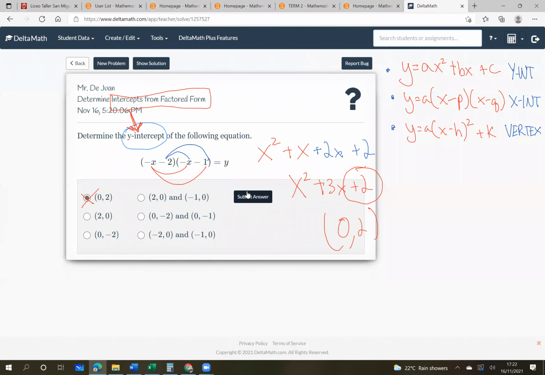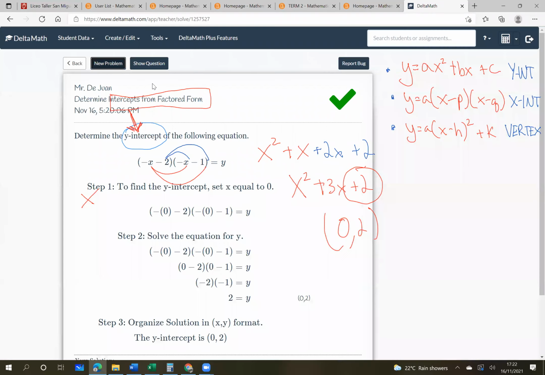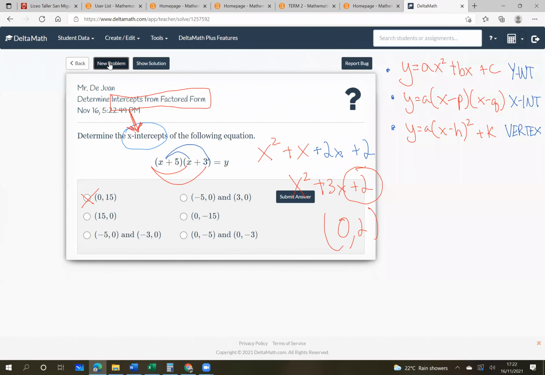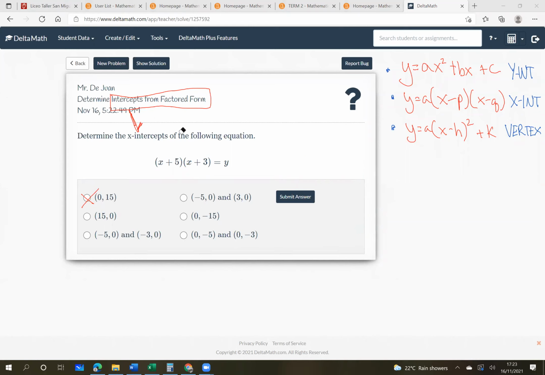So the answer has to be (0, 2). Read your question very carefully because it should tell you exactly what you need to look for. Let's erase this and do this again. Sometimes, as you can see this time, it's going to ask us for the x-intercept. These are a lot nicer because x plus 5 is equal to 0 and x plus 3 is equal to 0.